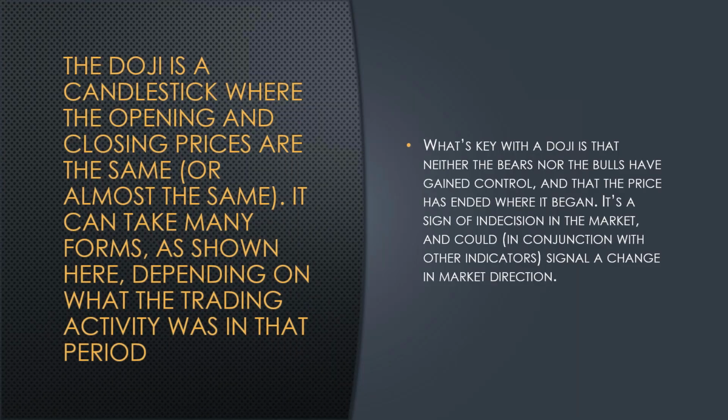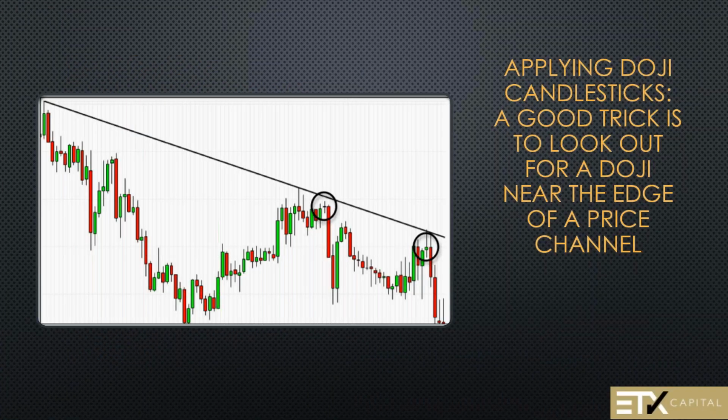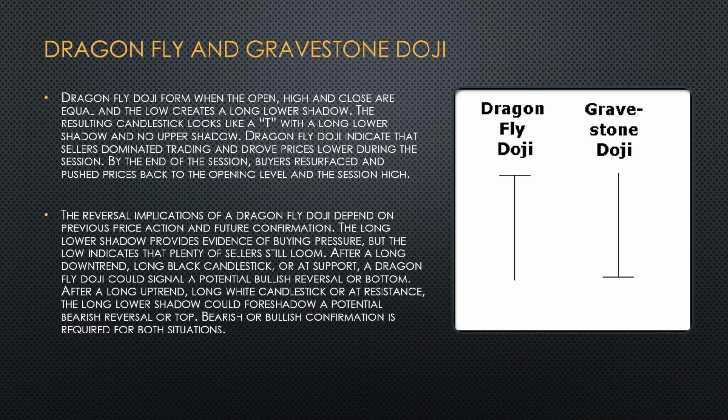But a doji is a candlestick where the opening and closing prices are virtually the same. It can take many forms, depending on what trading activity was in that period. Dojis happen very often, but you have to always look at what's going on with the markets to see if the doji is actually telling you something. So we have the dragonfly doji, we have the gravestone doji, and all these you don't have to memorize.